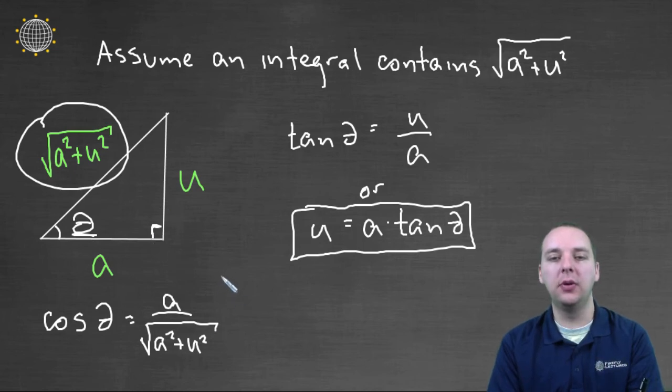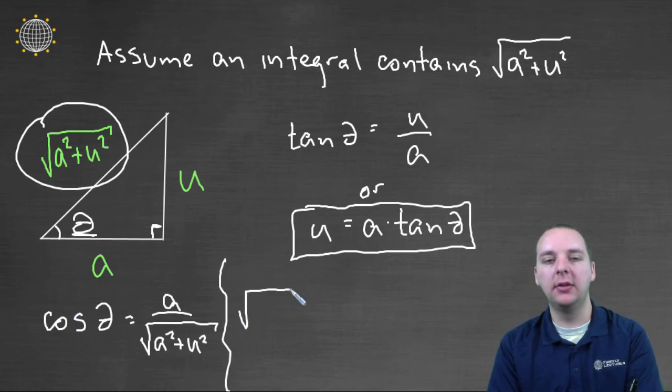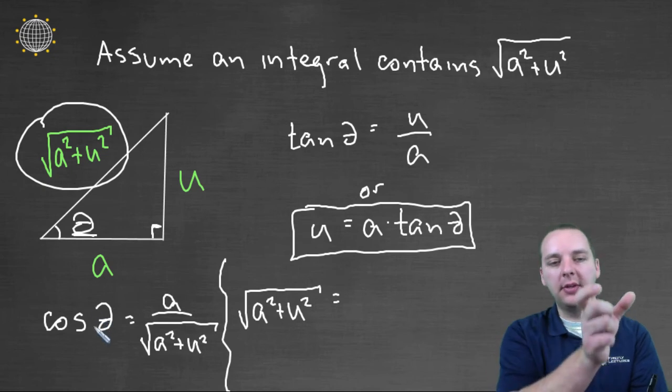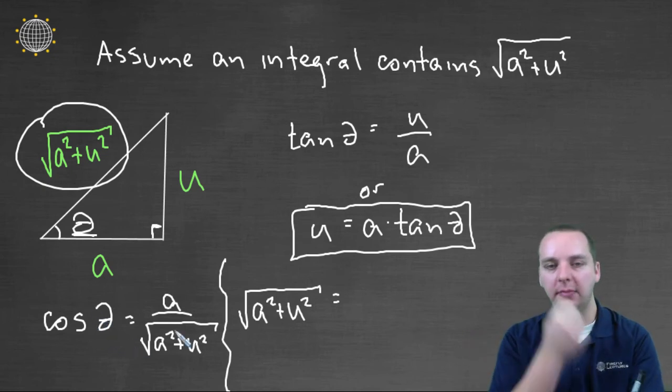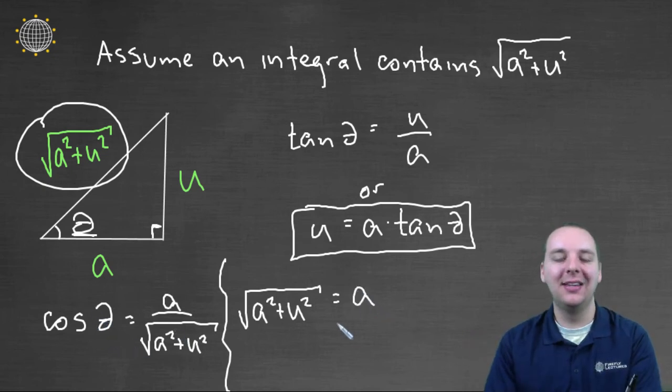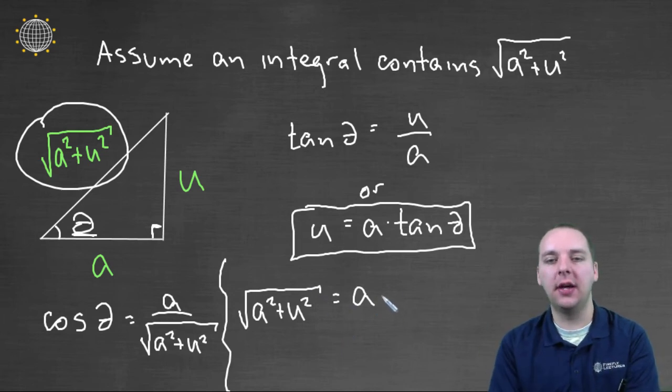But notice if you move the radical up to the right hand side, you would have the square root of a squared plus u squared equals, and then we would also have to divide the cosine over to the right. So you could say a divided by cosine theta, but instead of saying divided by cosine, remember that's the same thing as times secant of theta.